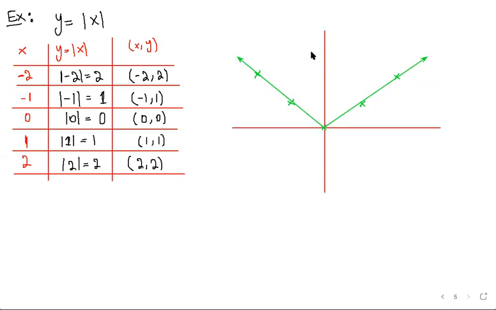Okay. Again, this is my x-axis. And this is my y-axis. Any question? Makes sense for everyone? How to draw the absolute value of x by plotting points.